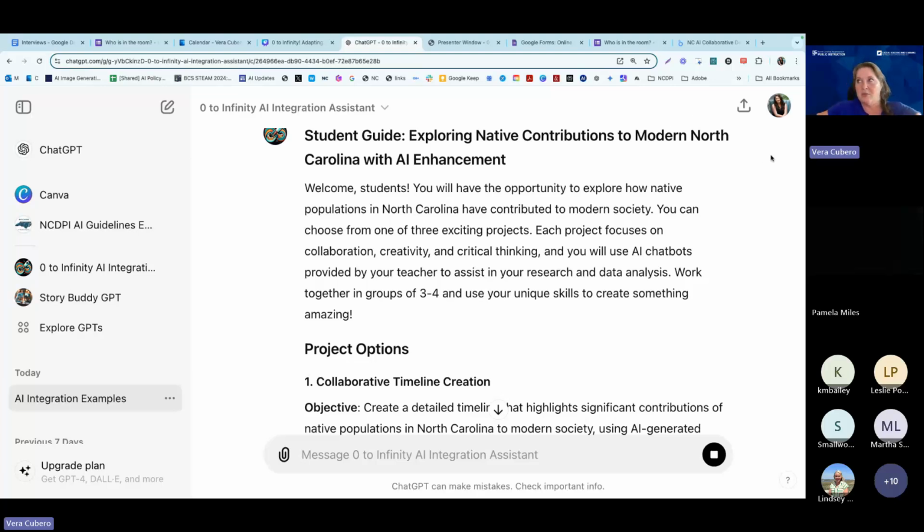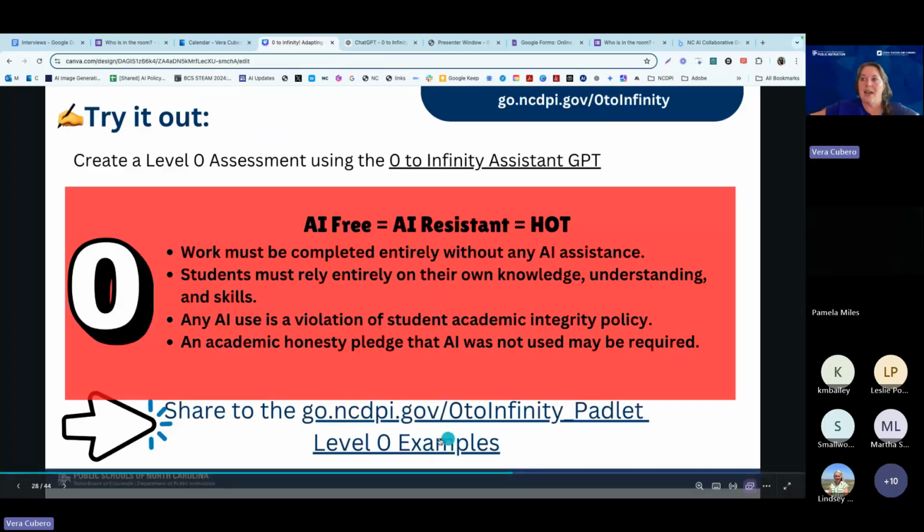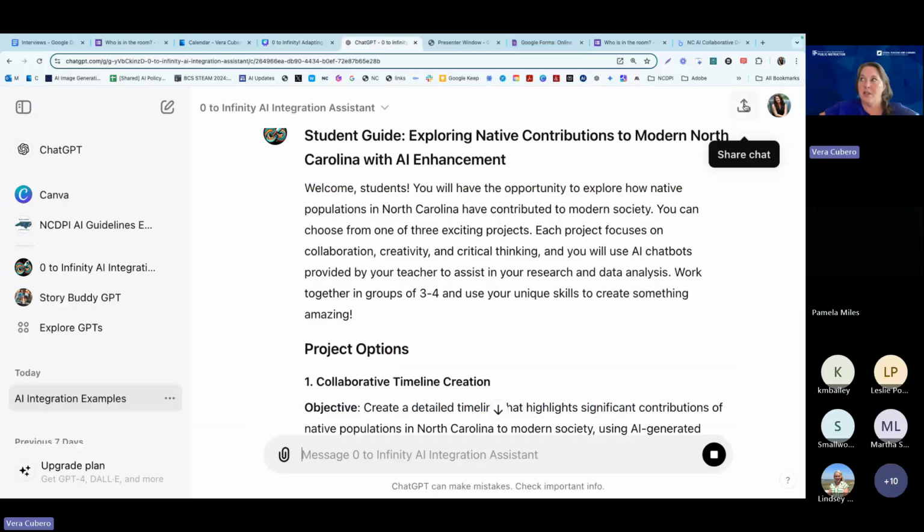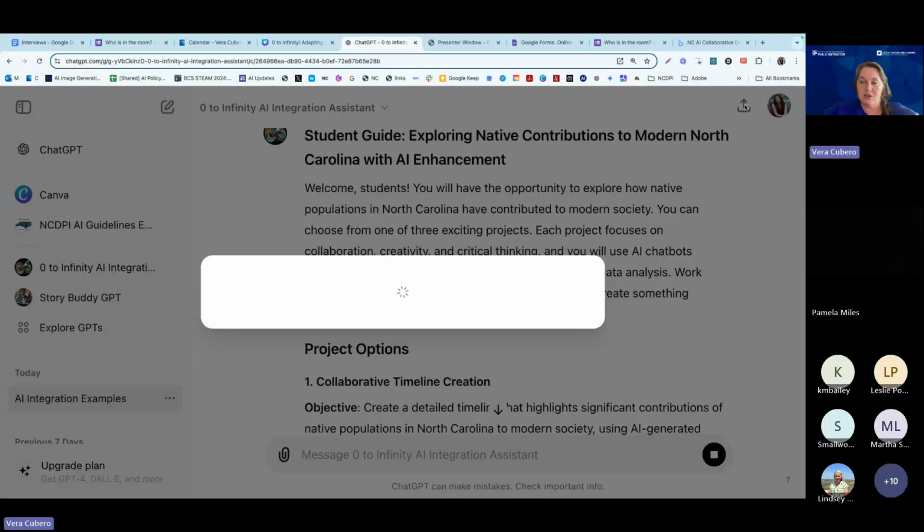And if anybody has one they really want to share with us, there's a link at the bottom of that slide for a Padlet that you can drop it on. And then you could also just put it in the chat. But if you haven't done this before, in the upper right-hand corner of ChatGPT, there's a link to share a chat.